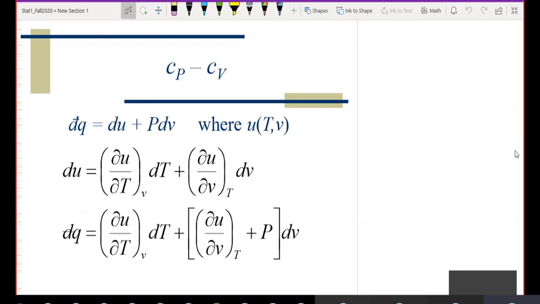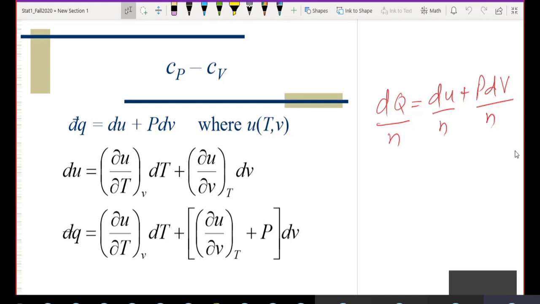We had this equation, dq equals du plus p dv normally, and if we divide with the number of moles on both sides, then they become molar heat, molar energy, and molar volume.